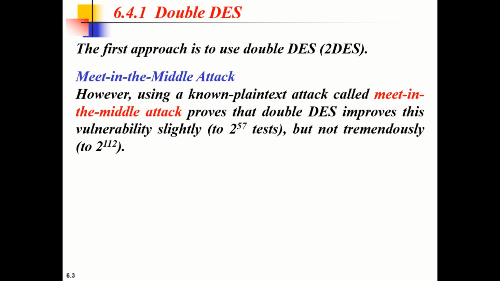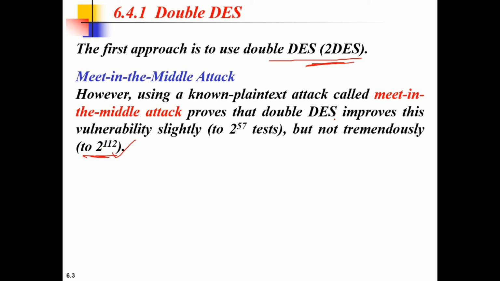The idea behind introducing double DES was to make this algorithm more secure. It was assumed that DES, after this improvement of applying it 2 times, would be vulnerable to 2 raised to 112 attempts, right?